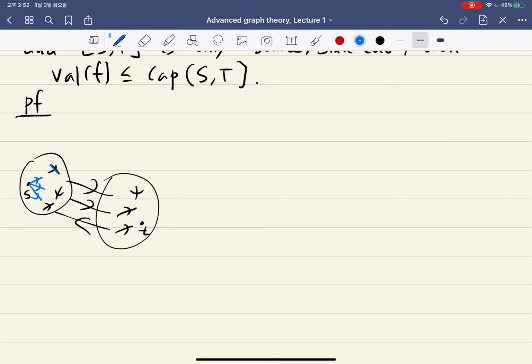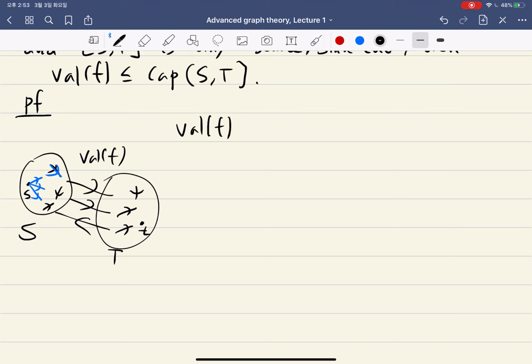But the amount that's flowing here stays inside of this S. So because of the conservation law, if this flow has a certain value, then that much water has to flow out from S to go to T, which can be upper bounded by the capacity of (S, T).